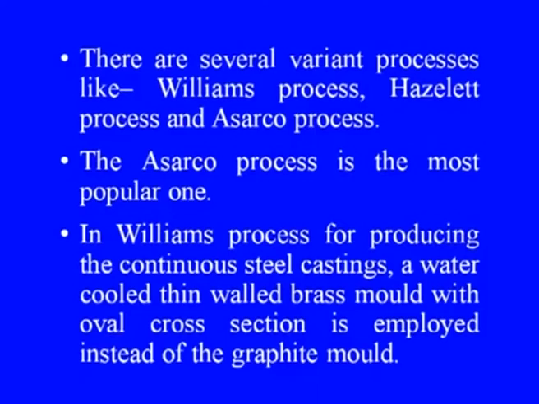There are several variant processes like Williams process, Hazelett process, and Asarco process. The Asarco process is the most popular one. In Williams process, for producing the continuous steel castings, a water cooled thin walled brass mold with oval cross section is employed instead of the graphite mold.